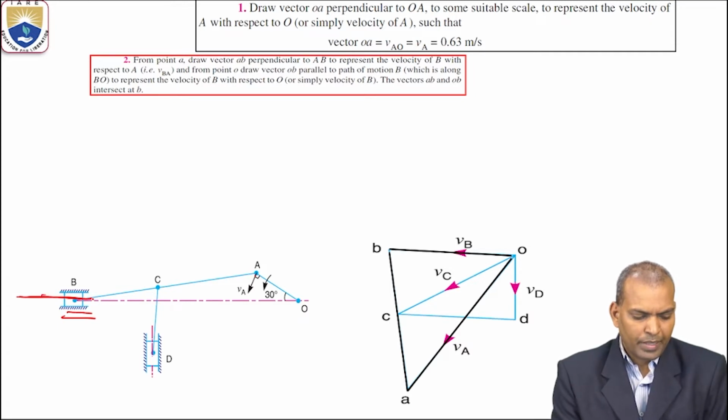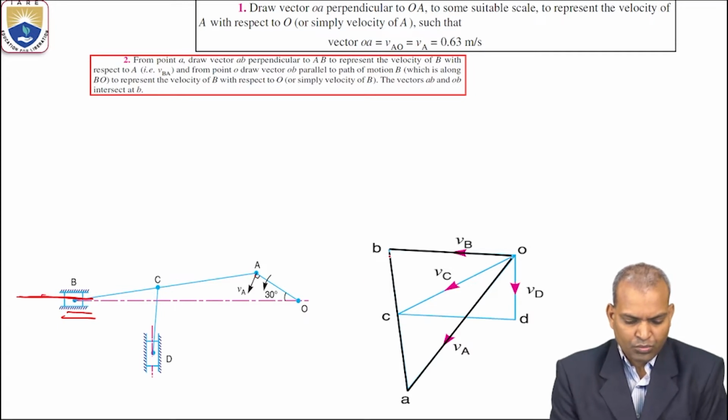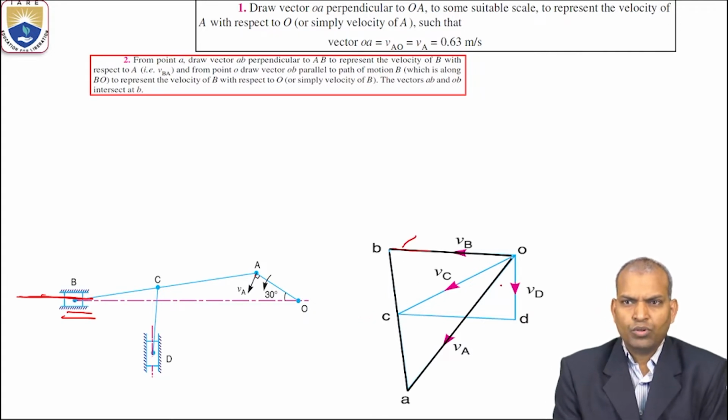That means we draw a line parallel to the path of B with respect to O. When both intersect at point B, vector OB is the velocity of B and vector AB is the velocity of B with respect to A.